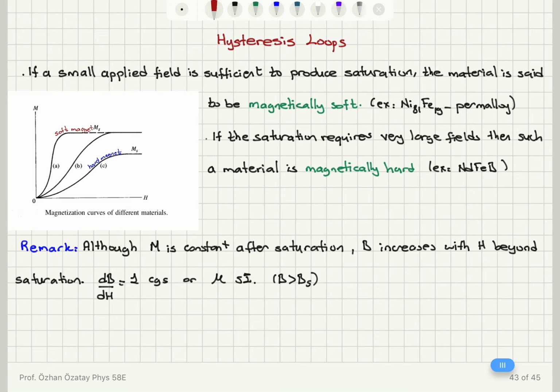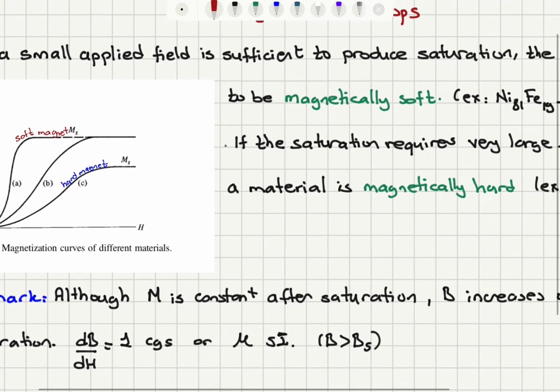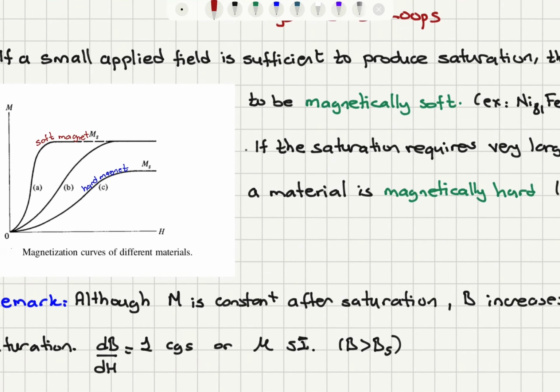So let's summarize what we said. Well, we're looking at the magnetization curves of ferromagnetic materials. If a small applied field is sufficient to produce saturation, for example in A, we have a soft magnet.